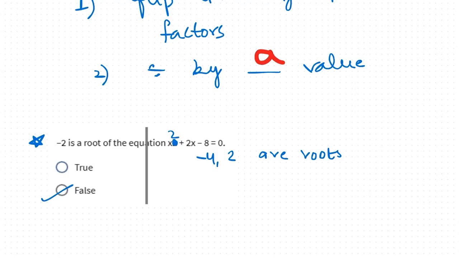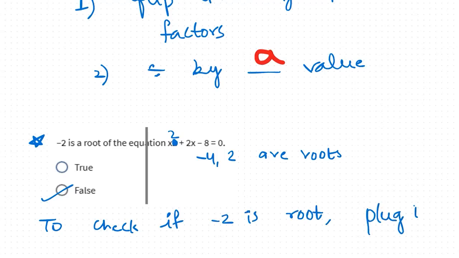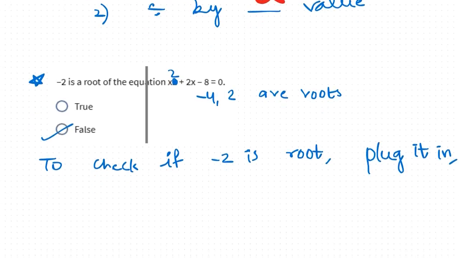Correct? So you have found the roots like this, but the actual method is with the formula. Check if negative 2 is a root. Plug it in. Just put a value in x. x is equal to negative 2, right?